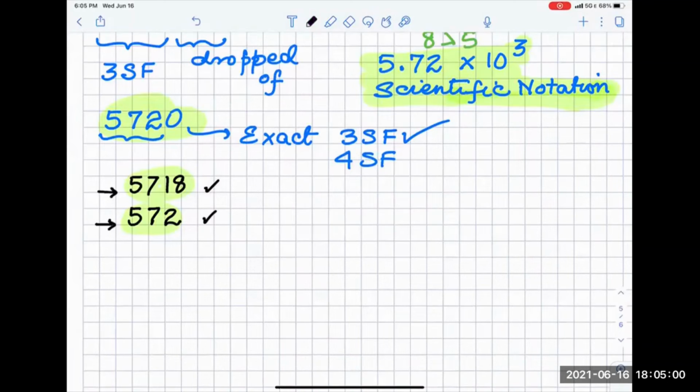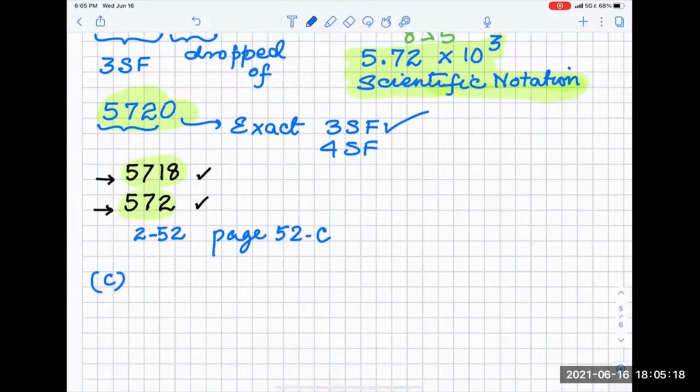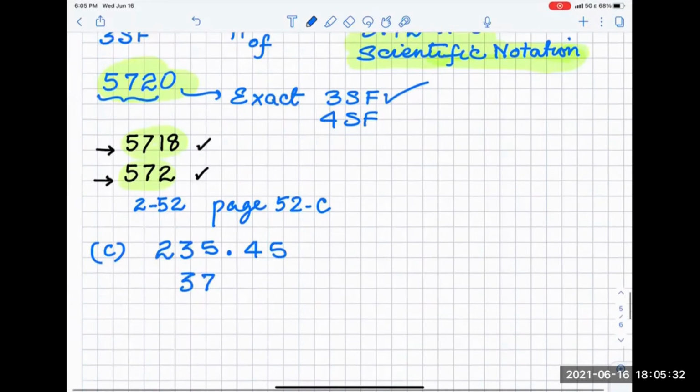It's problem 2.2, page 52, problem number C. That is 235.45 plus 37, plus 36.4.